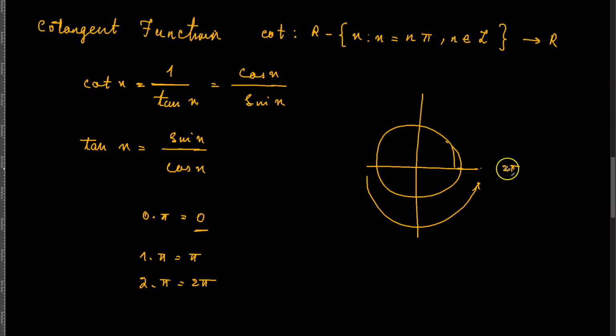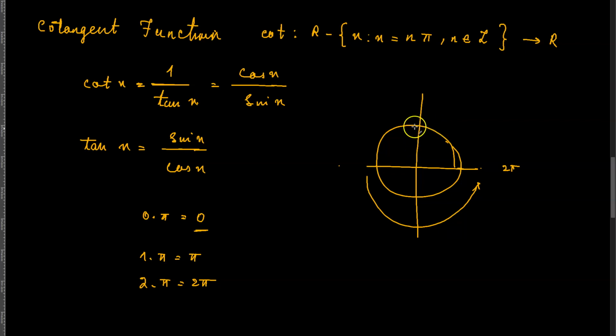Then if you multiply by 3 pi, it will get you here, and again the sine over here would be 0.